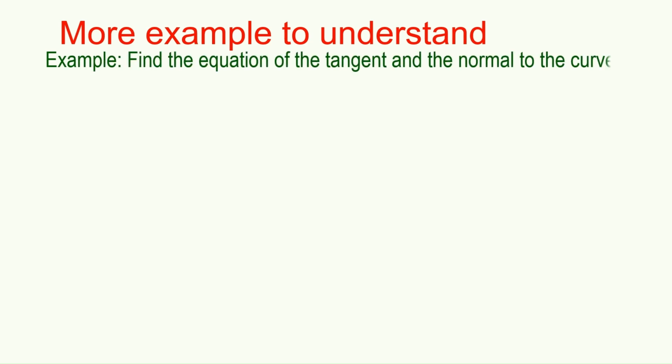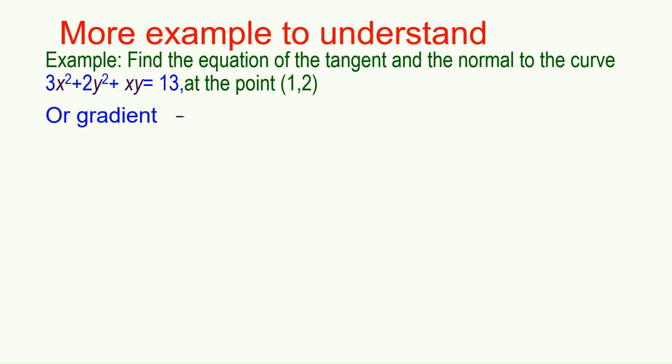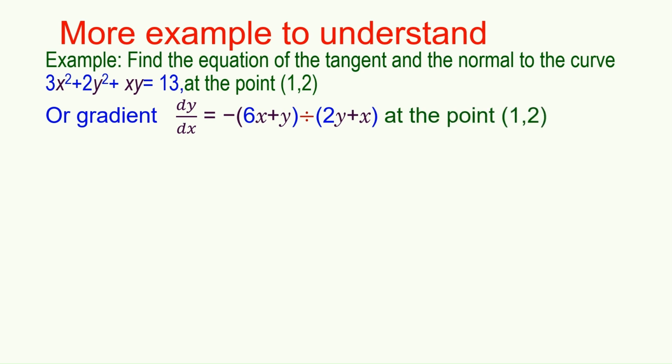We continue with the example: find the equation of the tangent and the normal to the curve 3x squared plus 2y squared plus xy equals 13 at the point (1, 2). The gradient dy/dx equals minus (6x plus y) divided by (4y plus x), which at the point (1, 2) equals minus 12 divided by 5.